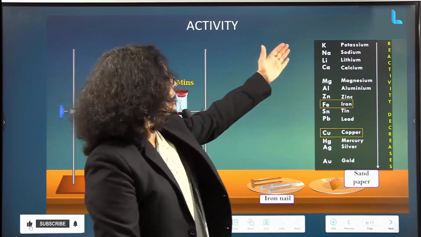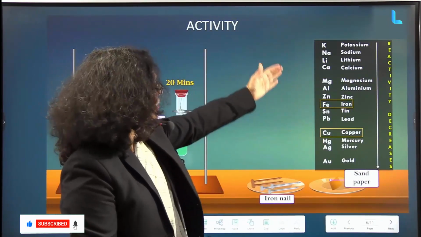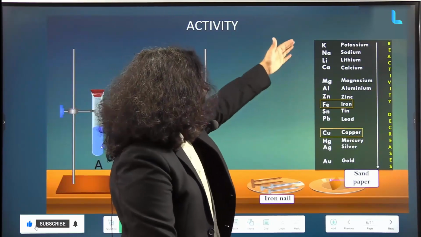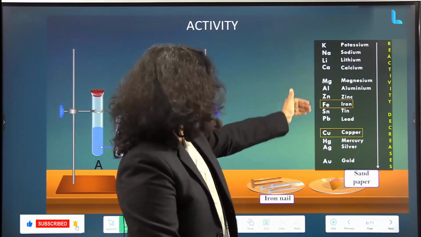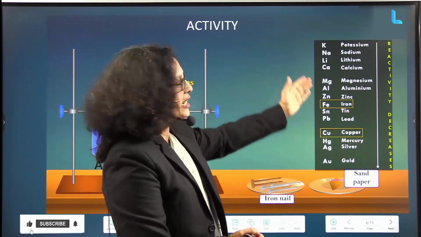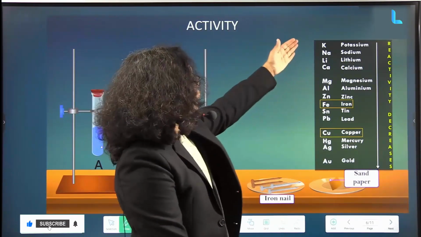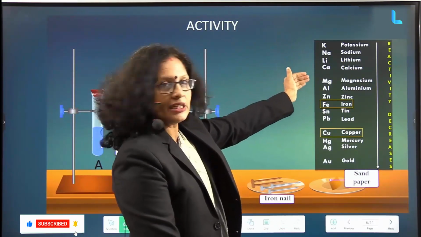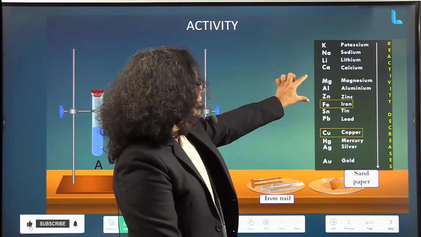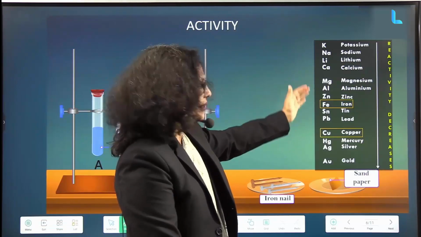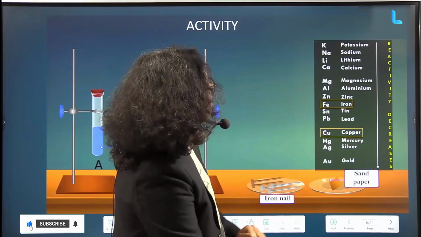Now this is called the reactivity series. In the reactivity series, the elements are arranged from the most reactive to the least reactive. The most reactive is potassium and the least reactive is gold. So potassium, sodium, lithium, calcium are more reactive. Then magnesium, aluminium, zinc, iron, tin, lead are comparatively less reactive.